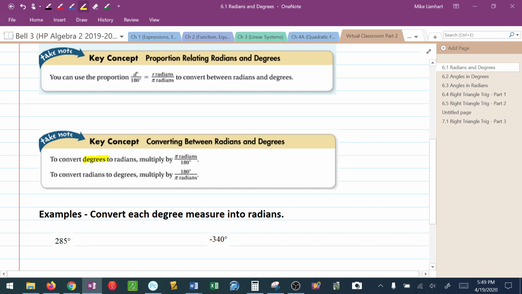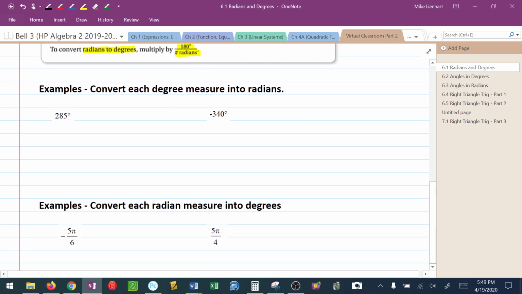If I'm going to go from degrees to radians, I'm going to multiply the given amount by pi over 180. If I'm going to go from radians to degrees, I'm going to multiply the given radian amount by 180 over pi.